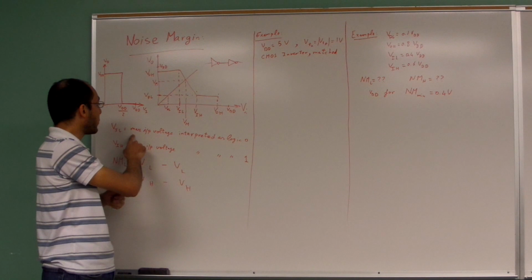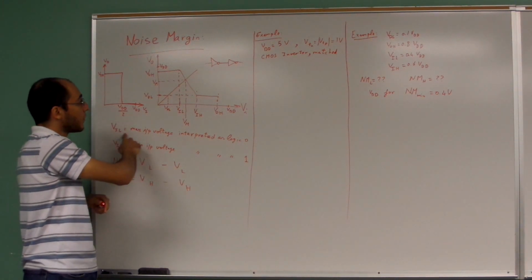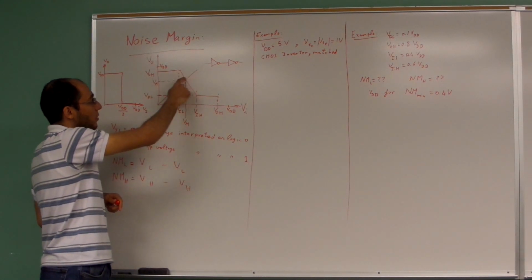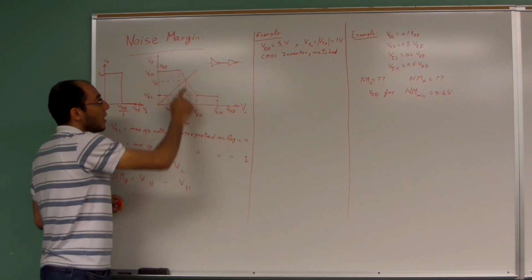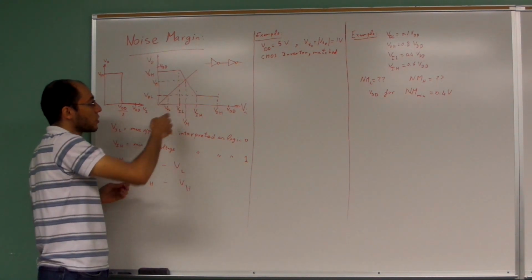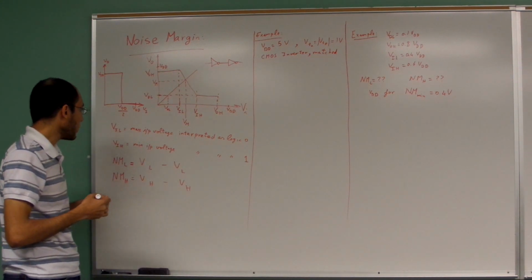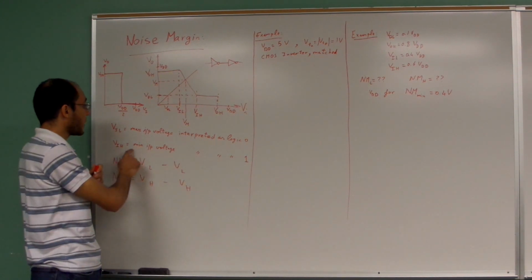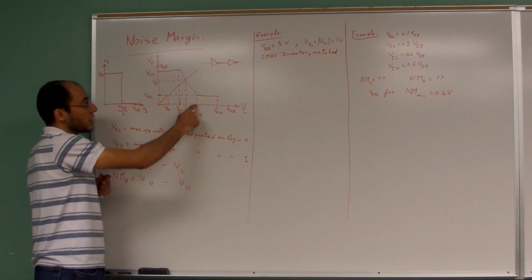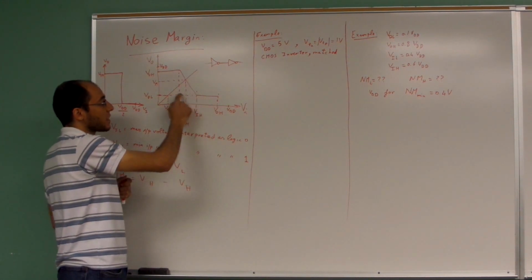If you input a voltage greater than V input low, then it is not going to be interpreted as logic 0 and will not give us a logic 1. V input high is defined as the minimum voltage that is interpreted as a logic 1 at the input, and thus gives us a logic 0.